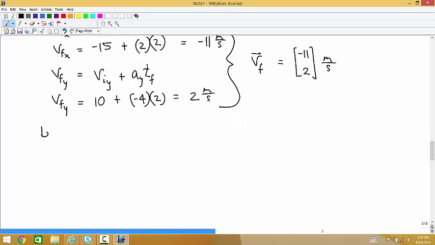For the second part, we're trying to figure out the displacement. Remember, the displacement is the position vector at the later instant minus the position vector at the earlier instant. We know the position vector at the earlier instant is just equal to 0, so all we're trying to figure out is the final position at the later instant. If we have that, then we're done.